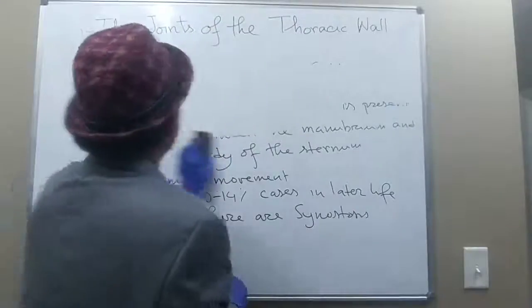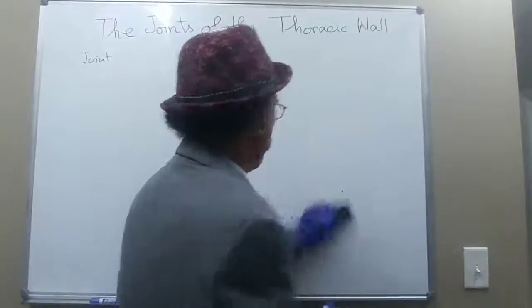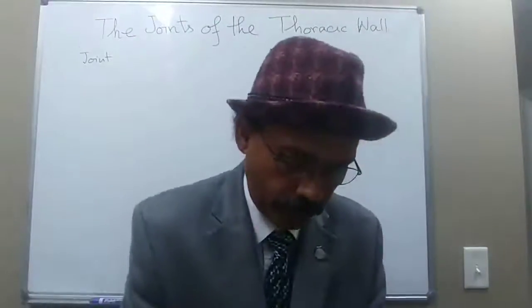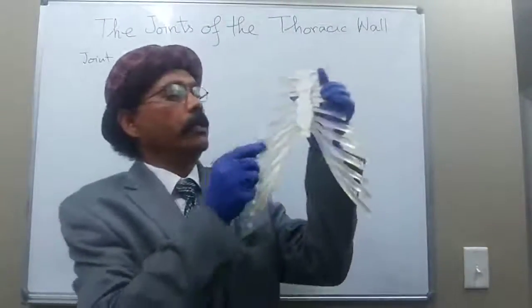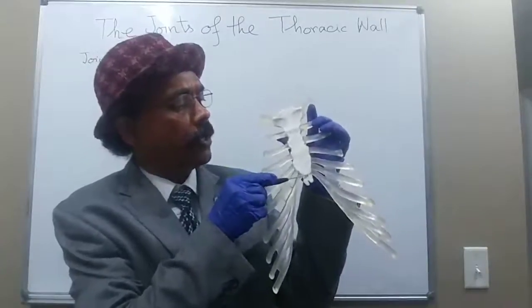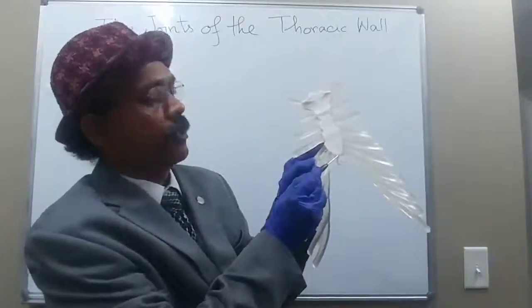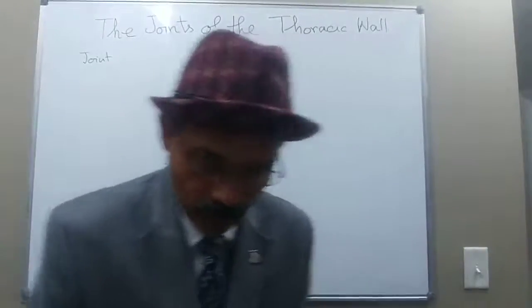Now we go to the xiphisternal joint, that is the joint between the xiphoid process and the body of the sternum.